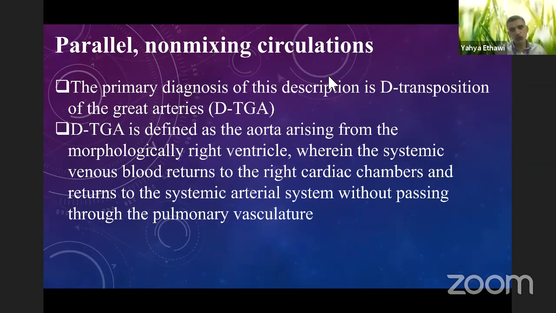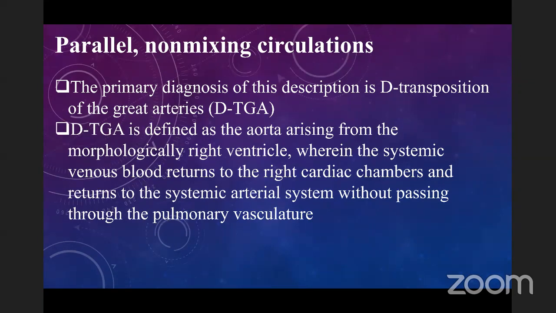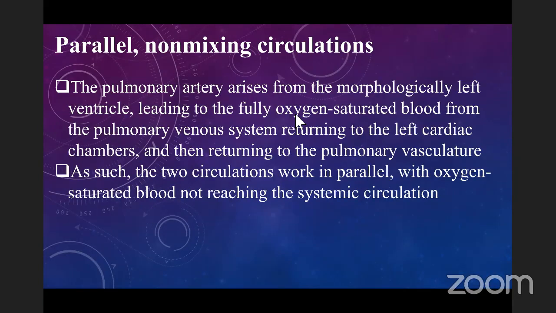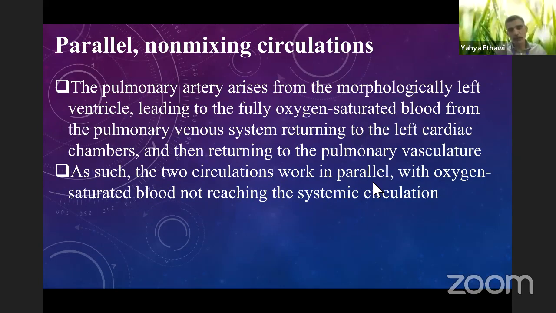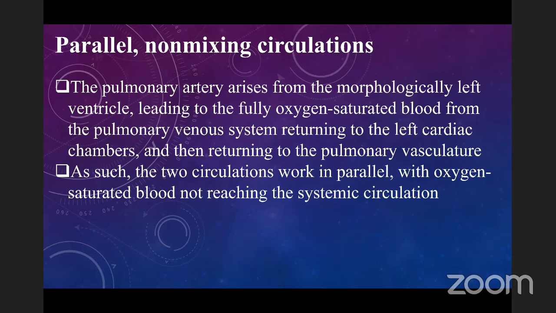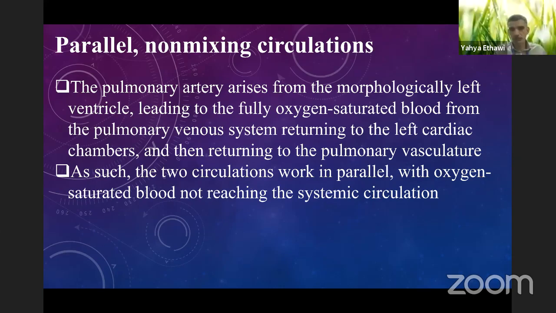So remember, DTGA is a true TGA because the right ventricle is on the right and the pulmonary artery arises from the left ventricle, and the aorta arises from the right ventricle. Therefore there is no connection between the right and left. The left side takes blood from the lung and pushes it back to the lung.